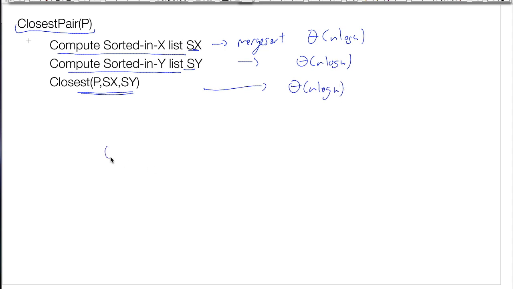So the overall solution is still theta of n log n. I haven't asymptotically changed the work that I had to do.